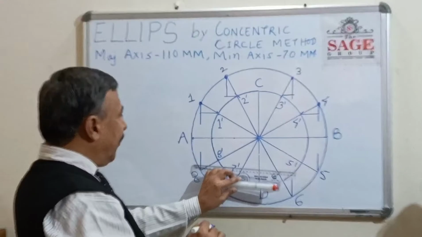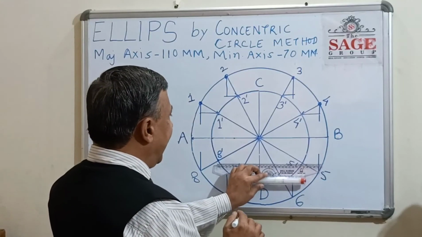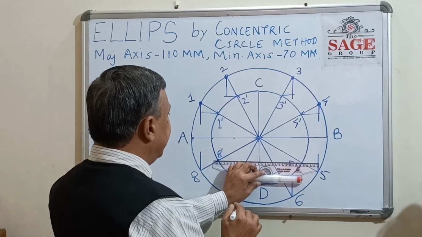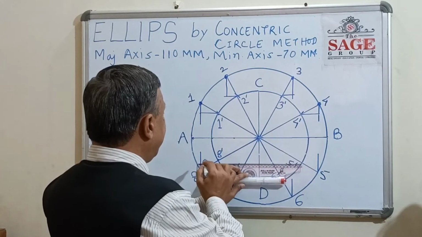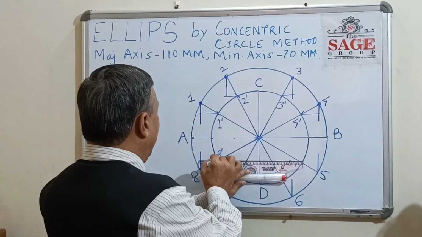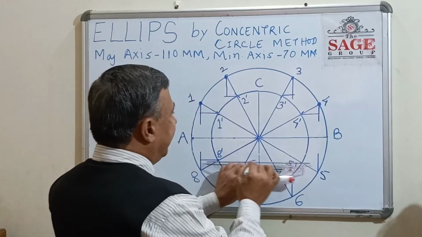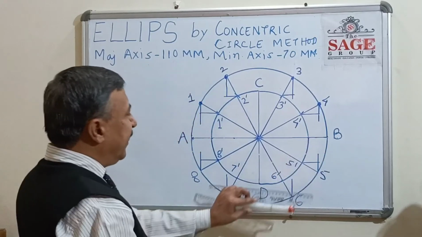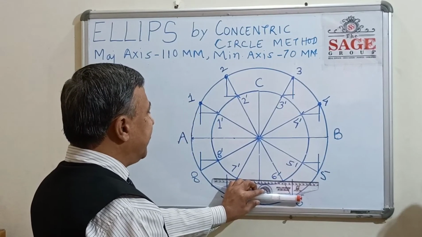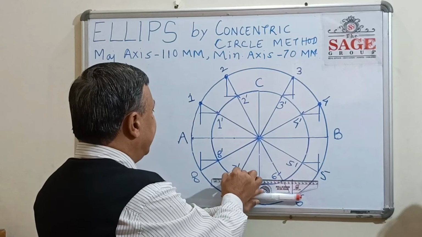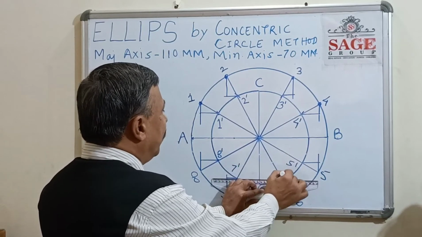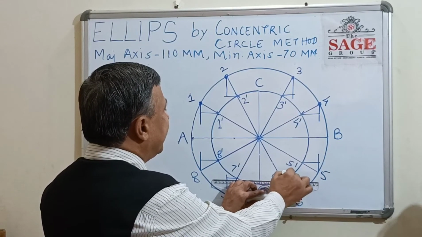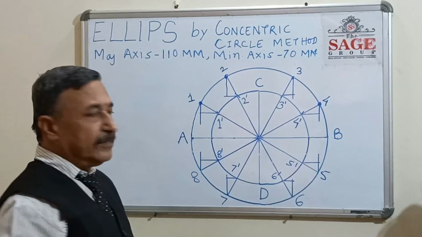Similarly, from 8 dash and 5 dash, same line. First we draw from 8 dash and then from 5 dash. And similarly from 6 dash and 7 dash, from 7 dash towards left and from 6 dash towards right.